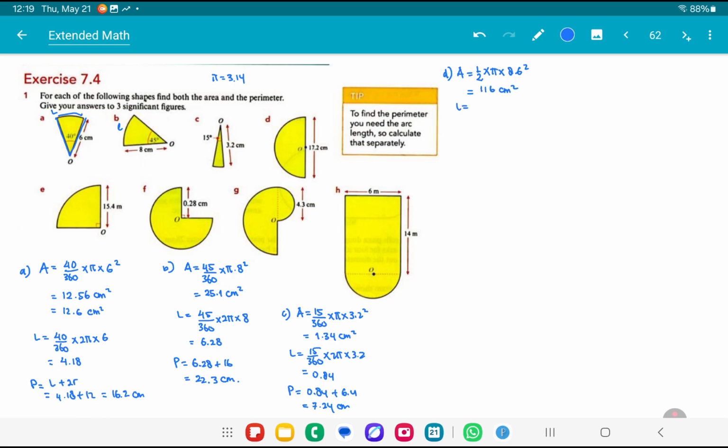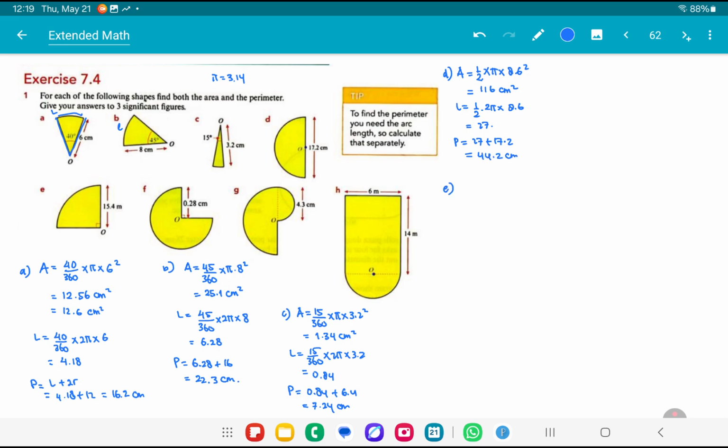The length of arc equals 1/2 multiplied by 2 pi multiplied by the radius. So we got 27 centimeter, and the perimeter equals the diameter plus the length of arc, 27 plus 17.2. So 27 plus 17.2, we got 44.2 centimeter.